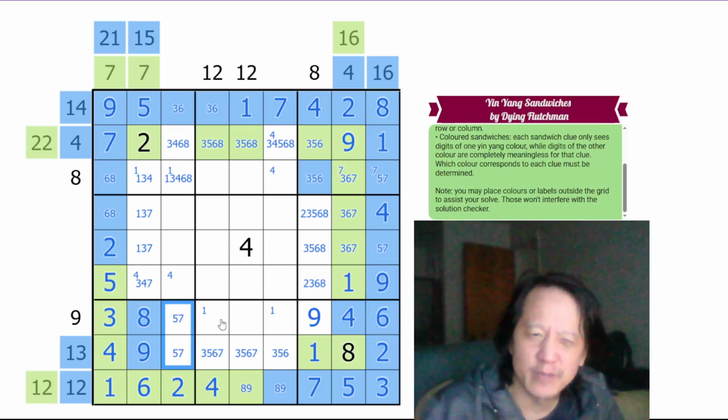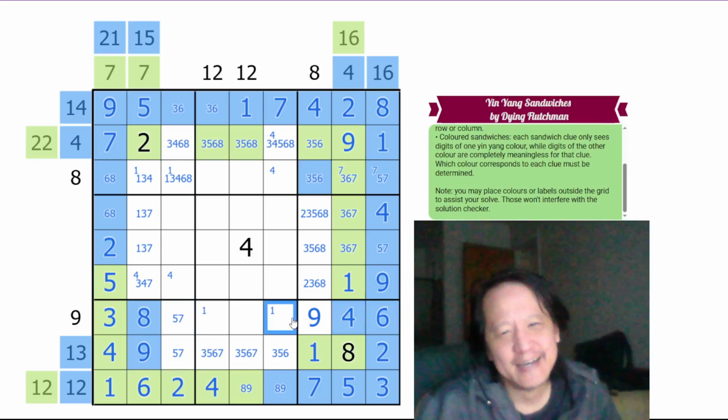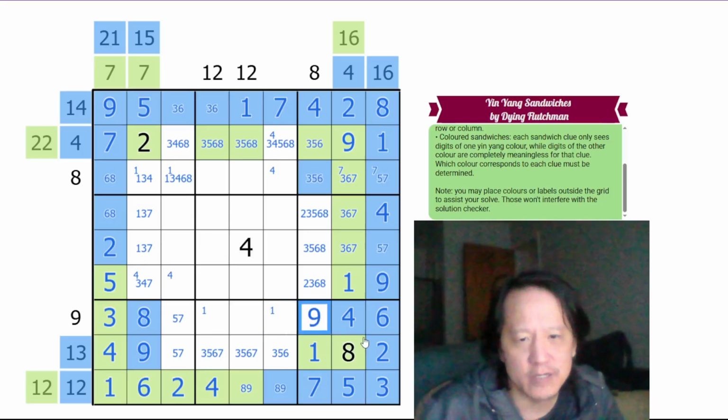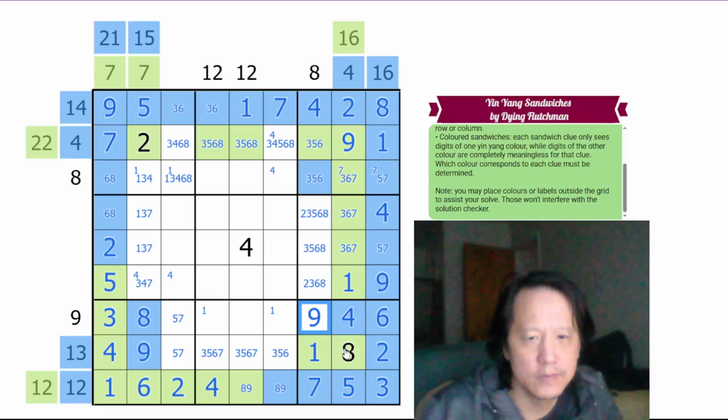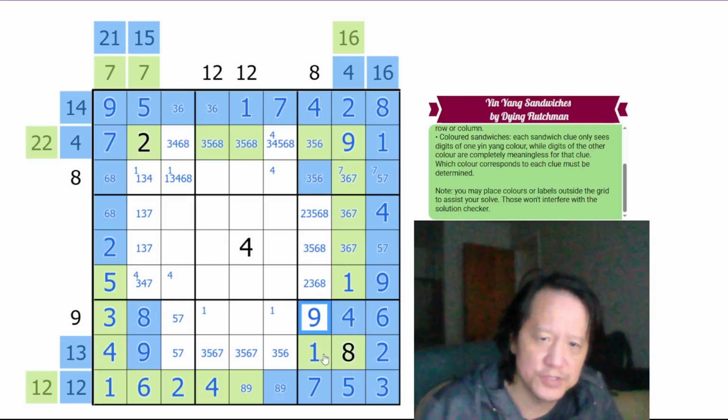This is making my head hurt a little bit. Yeah, I don't know what color this is. Okay, so if this is green, this also has to be green.